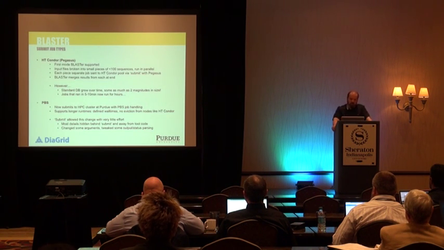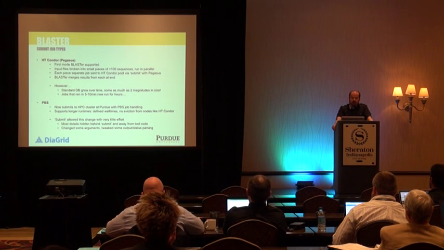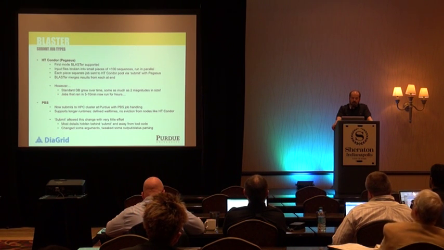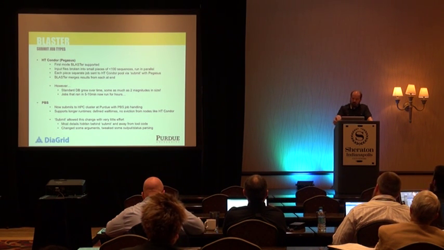So Blaster first started with submitting Pegasus jobs. It was the first mode that Blaster supported. When we first set it up, we were able to search through the databases in only a few minutes in parallel by breaking up the input sequences. Each input sequence in the input file is an independent search through the database.